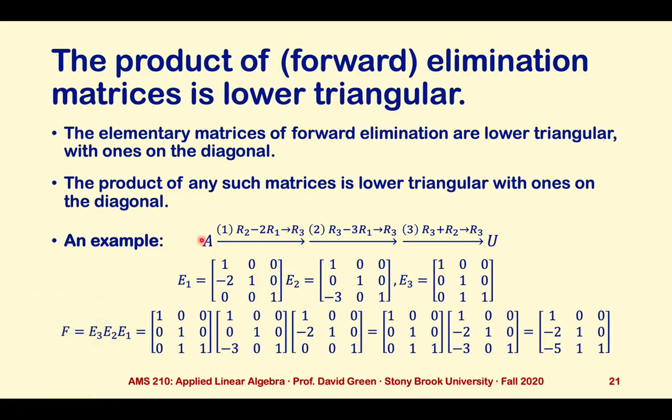Imagine some A transformed to some U. It doesn't really matter what A or U are. We're not actually going to write those down. But imagine that we have a set of 3 steps. If this was a 3x3 system, we would typically need 3 steps of forward elimination. We first eliminate the second position using the first row. And sorry, this should obviously be a 2 in this position.